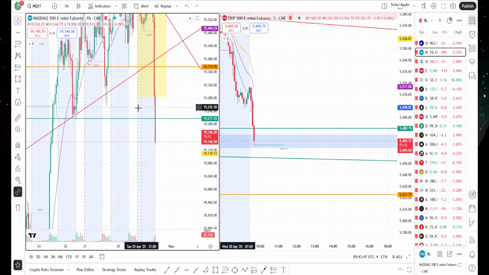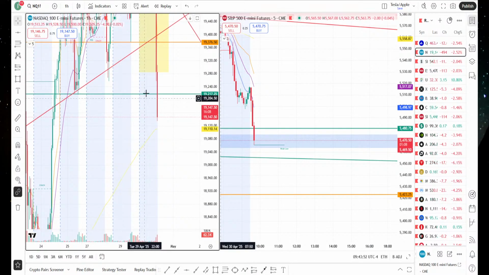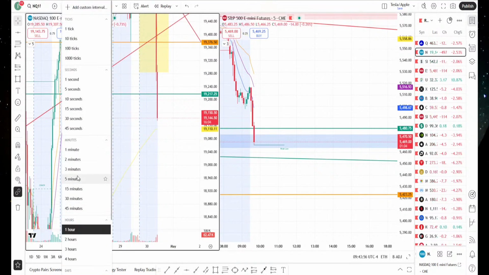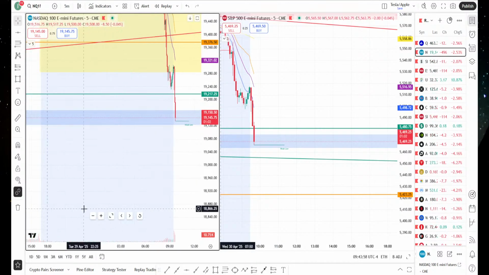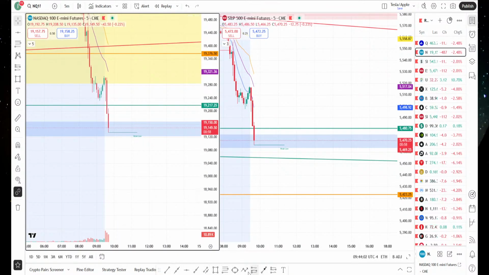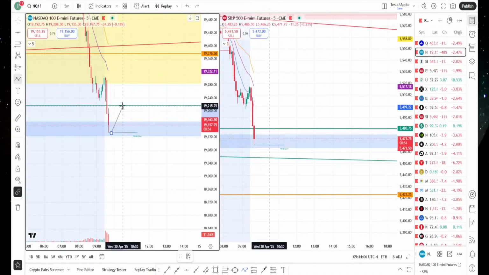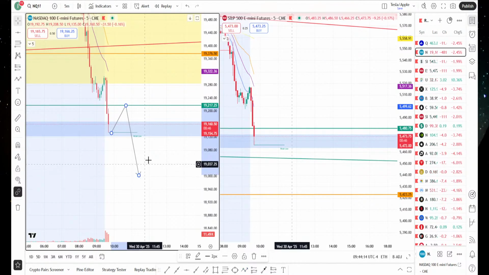Everything we marked up here, every line we have is on the hourly time frame. We broke through that very easily. There's a possible chance the price might pull back into this demand zone. There might be some buyers here. They might pull back. Use this hourly support as resistance. Might be a nice entry for some shorts.